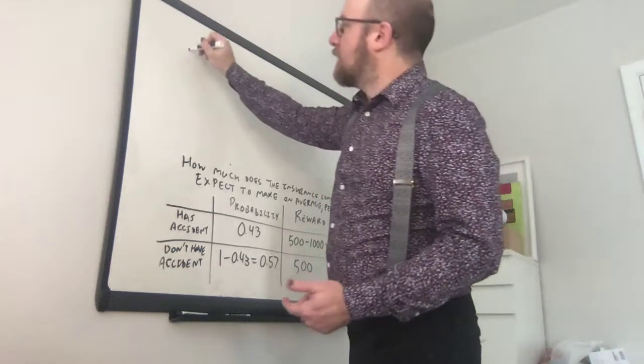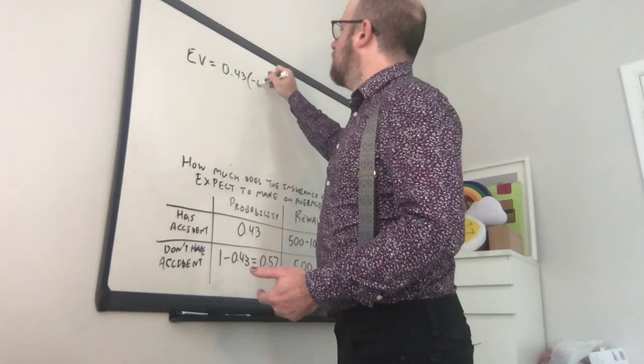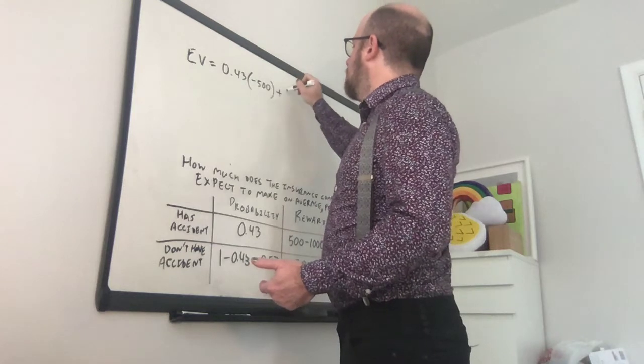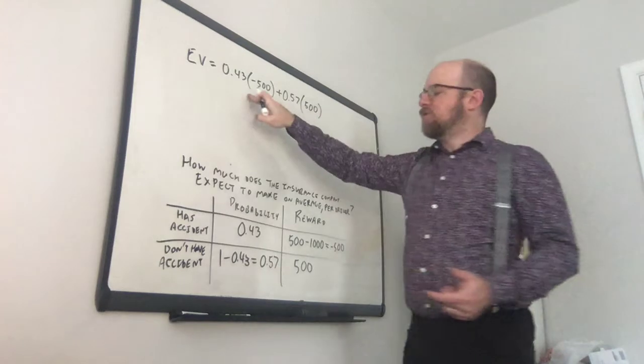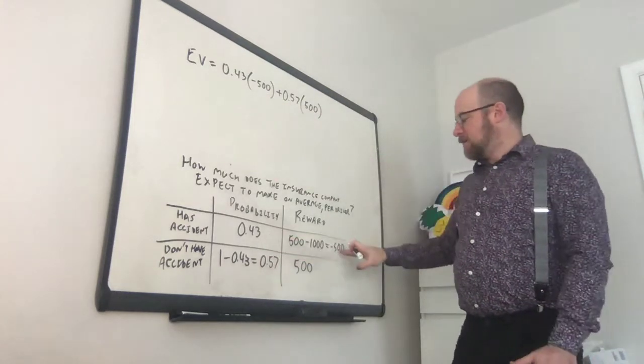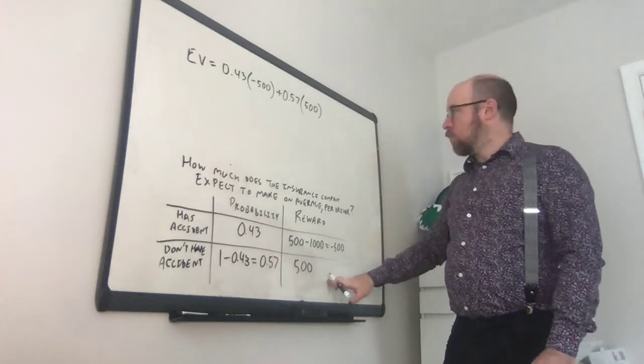If you think about it, on average, how much do they expect to win in this game? Well, it's going to be the expected value, which is 0.43 times negative 500 plus 0.57 times positive 500. So the probability of the first event times the reward plus the probability of the second event times the reward.